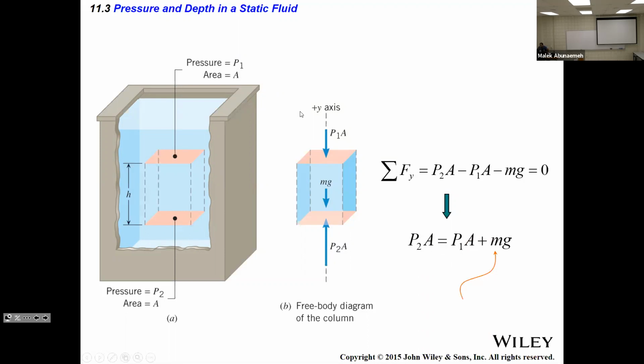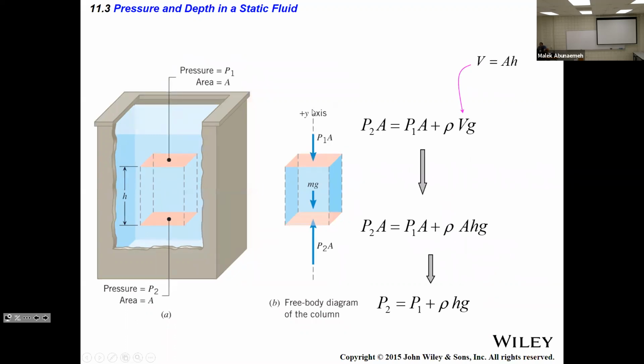That means your P2A equals your P1A plus mg, but we define m as your volume multiplied by your density, and your volume is defined as your area multiplied by your height. That means P2A equals P1A plus rho AHg, which equals P1 plus rho hg, and that's what we derived earlier.